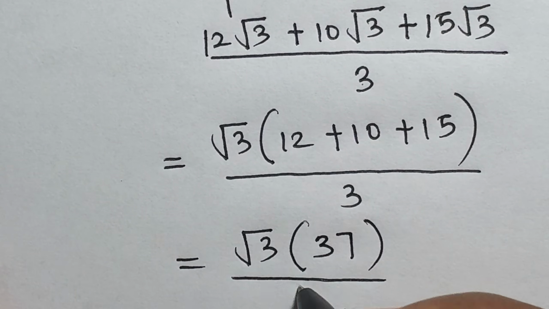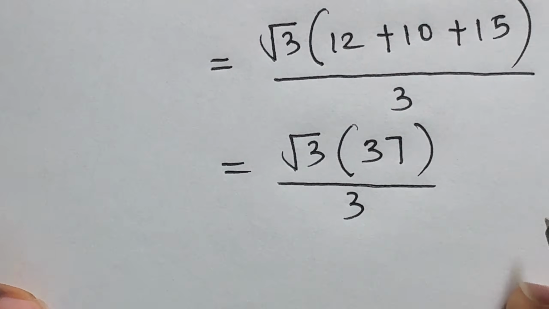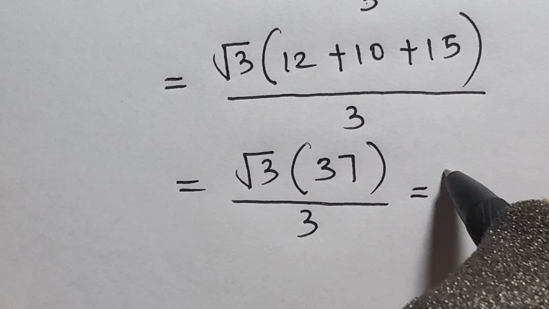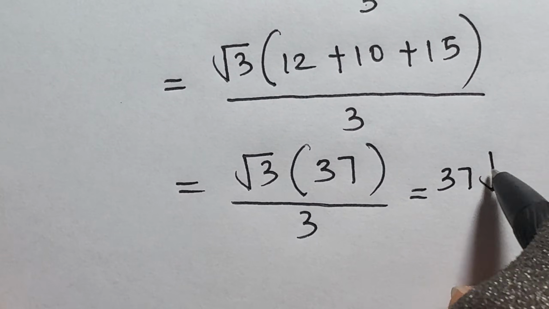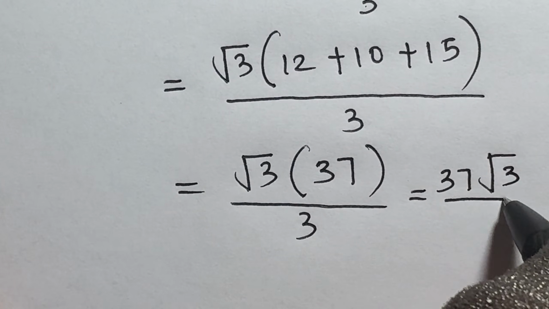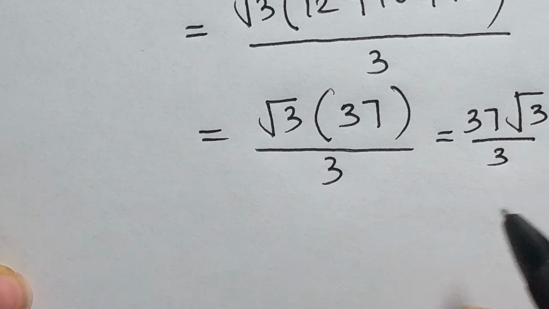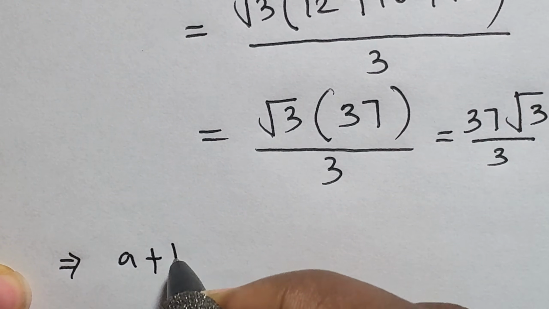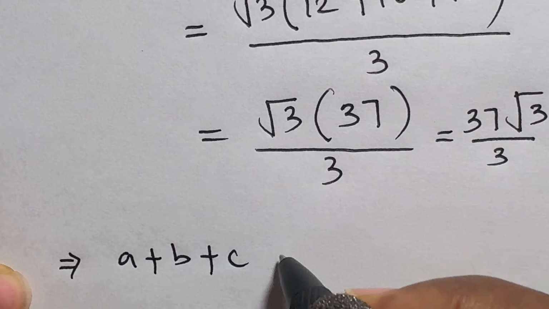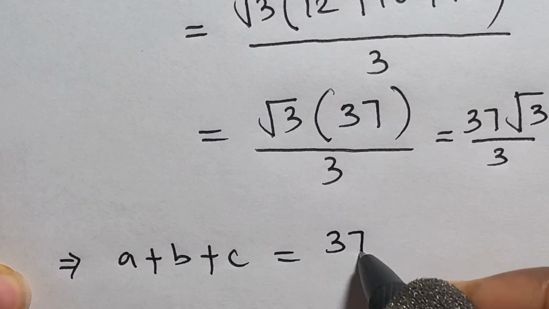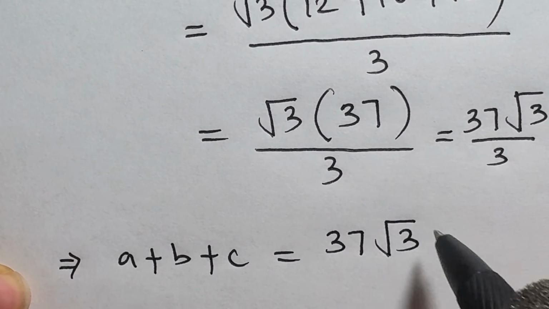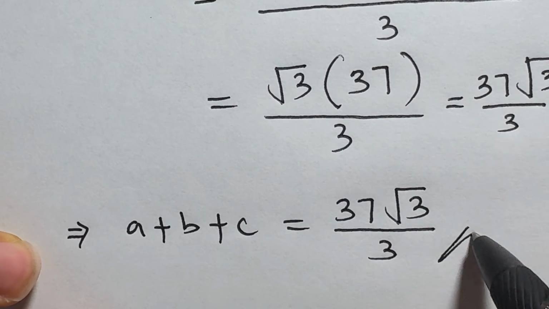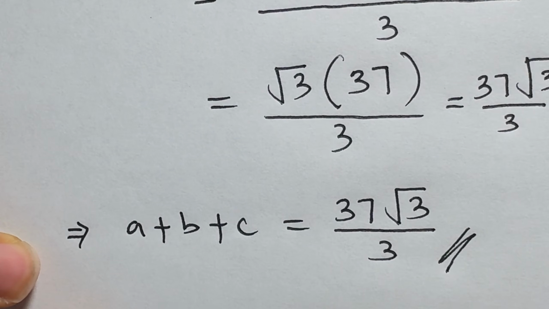Then divided by 3. We can also write this as 37 root 3 over 3. This would then imply that the sum of A plus B plus C is equal to 37 root 3 over 3, giving us the final answer to this problem.